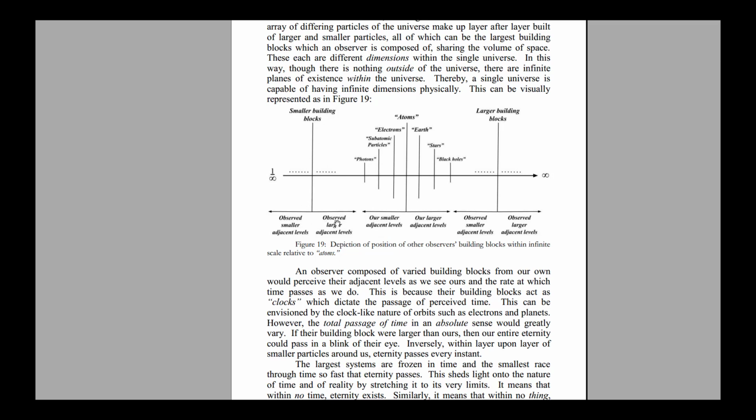We would see larger building blocks as planets, stars, black holes, smaller as electrons, subatomic particles, light. And so, regardless of where the observer is within the infinite array of particles, they still see the same way as we do.